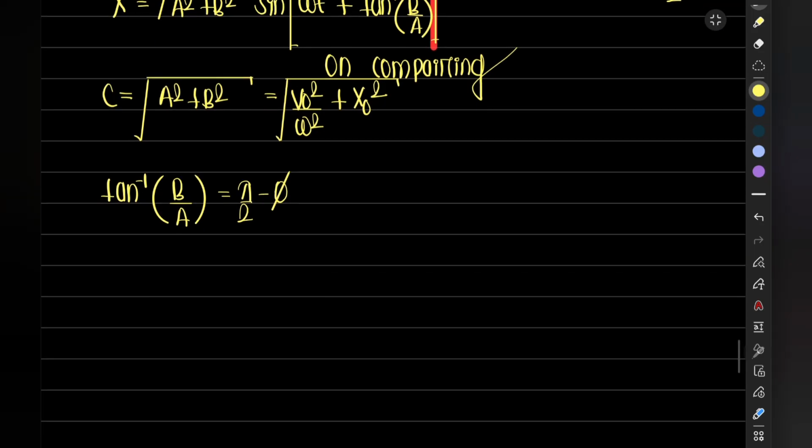Okay, now from here b by a is equals to tan, because this tan inverse on coming to right hand side becomes the tan. So tan 90 minus theta is basically your cot of theta. So theta is basically phi. So tan pi by 2 minus phi will be cot phi.